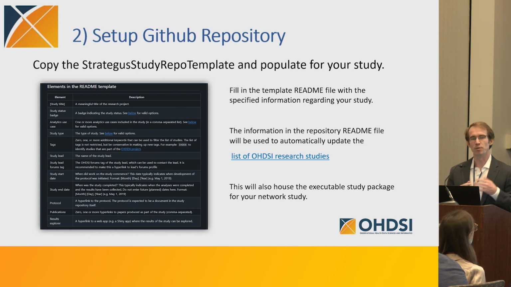So you do your due diligence to have this GitHub repo, the study package, ready to run, but just know that it's not abnormal for it to be kind of a burden on everyone saying, okay, sorry, never mind, don't run it. We have to fix something. Okay, now it's ready to go. But this is why we use GitHub, because managing changes and pushing and pulling changes to the study package itself, that's what GitHub does. So this is why OHDSI chose to go the GitHub route. So number 2, your GitHub repository.